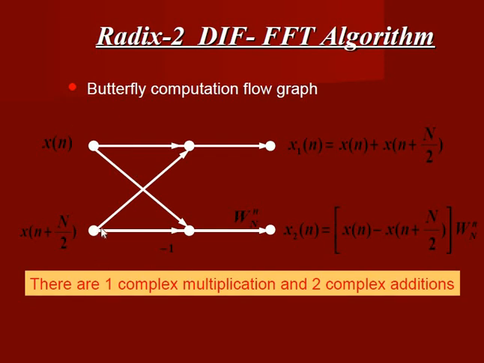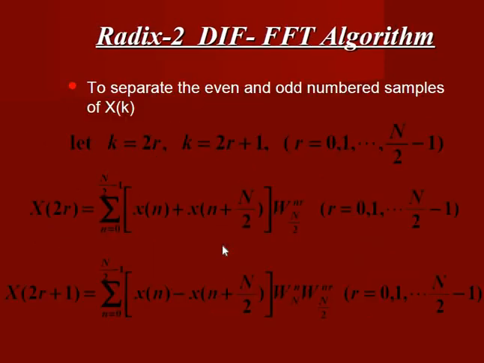In DIT we are multiplying the twiddle factor with only the below part, and that is multiplied with your xn to give the result. Here we don't have to multiply it in this part. We have to multiply this only in the subtraction part, but with both the values, that is xn and xn plus n by 2. That is already explained in this derivation.